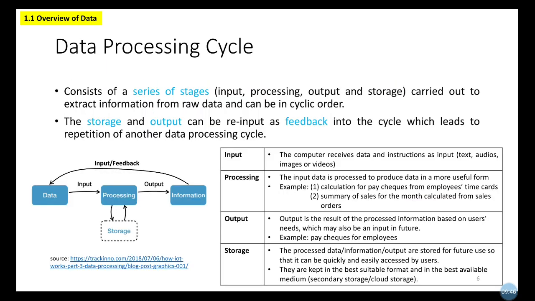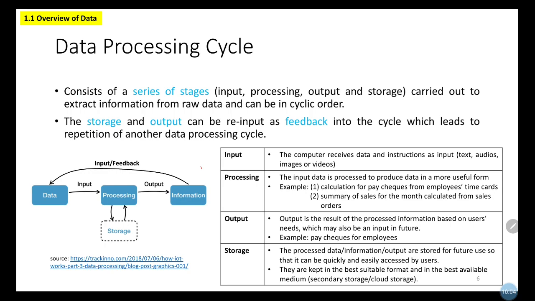So this is the data processing cycle. How can we transform data into information? This is the diagram to describe the process. Let's see the definition or explanation of the data processing cycle.